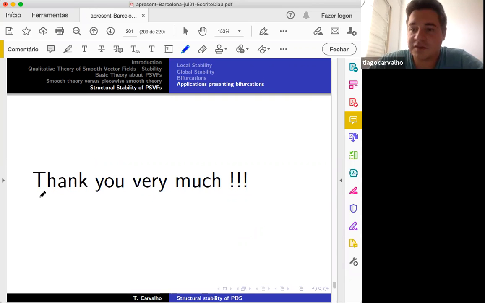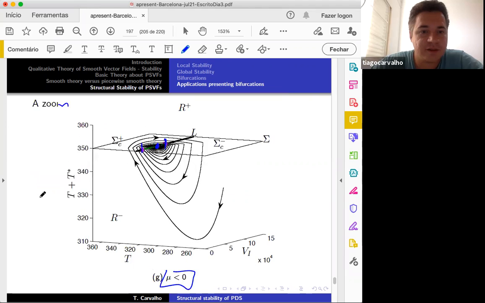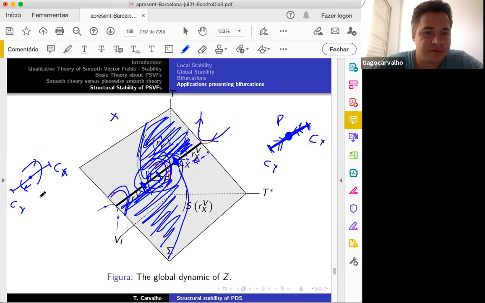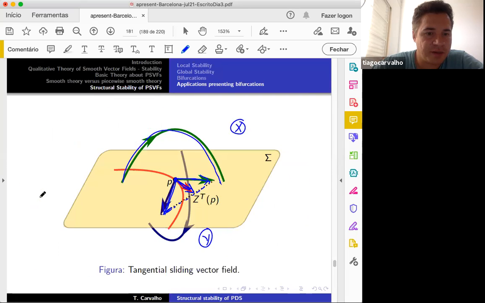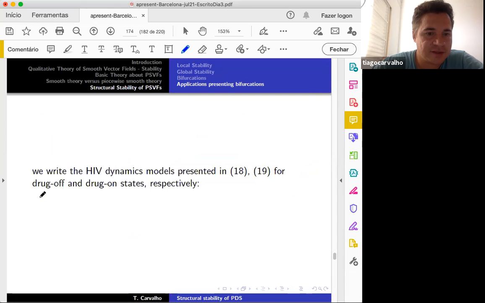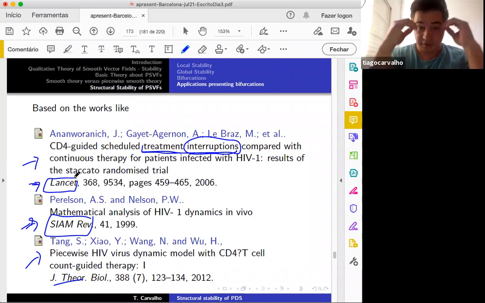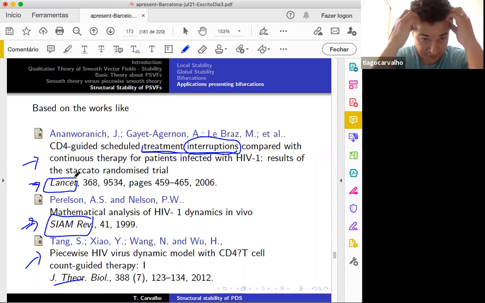Yeah, because in fact this model, these equations are placed in these papers, and these equations were obtained by these people, not by us.